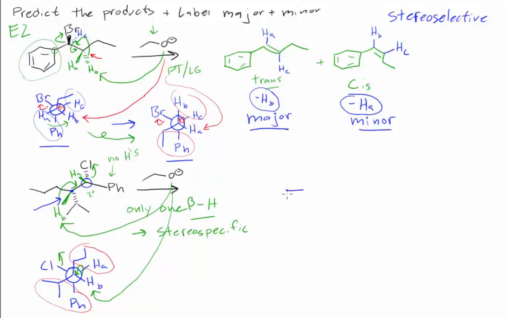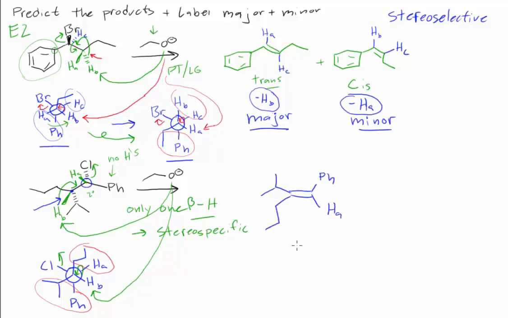I like to start by drawing my alkene just basically straight across. And then I have isopropyl, and on the other carbon I have phenyl on the same side. And then I have HA attached to the carbon that has phenyl, and I have the propyl group.